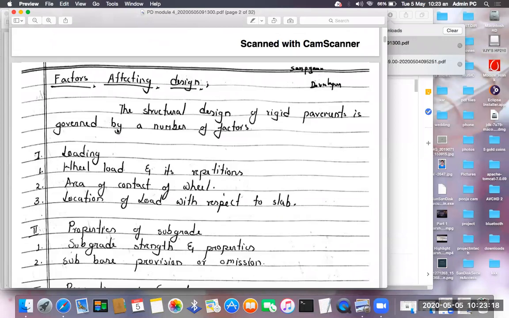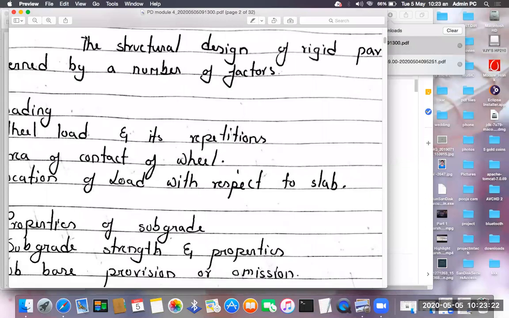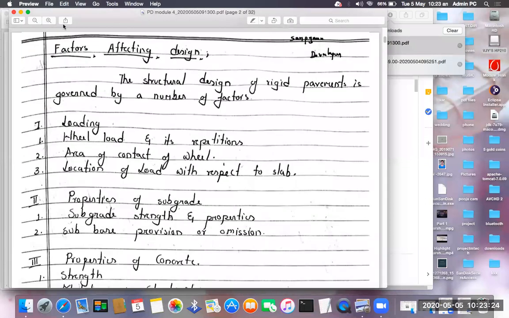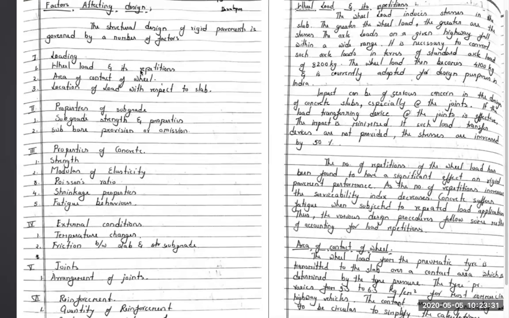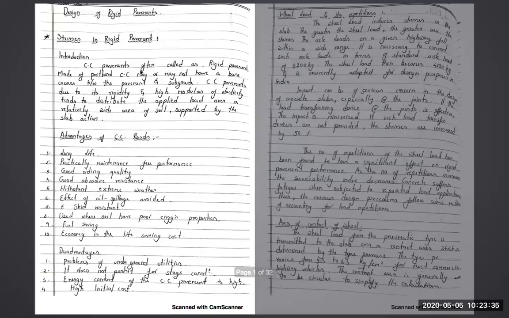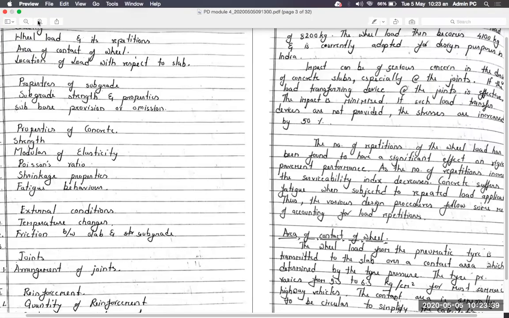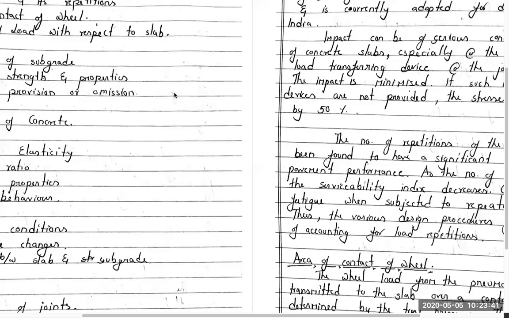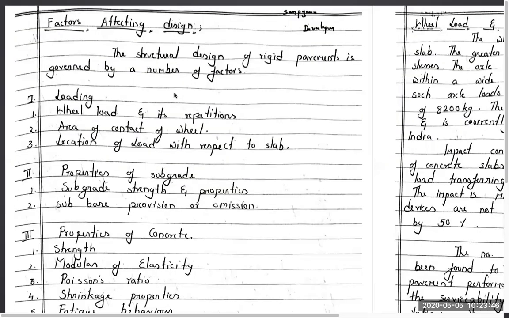I think we have discussed the factors affecting this, they have already been mentioned in module 5.